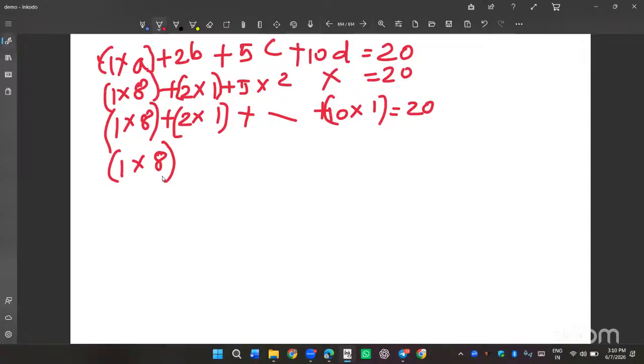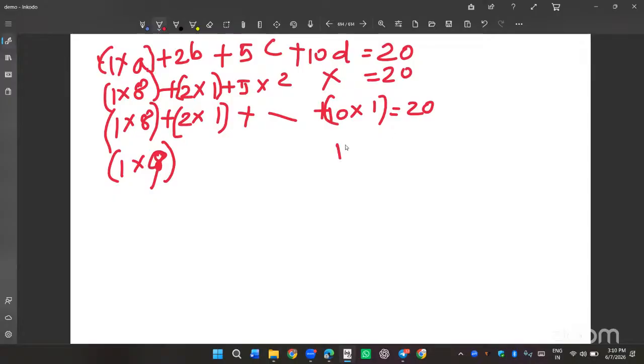Okay, we will go to the next one. The nine times we can take. If I take 9 times the 1 kg, then what will be the total weight? 9 kg. Remaining 11 kg will be there.